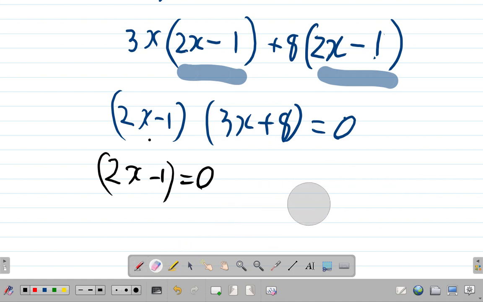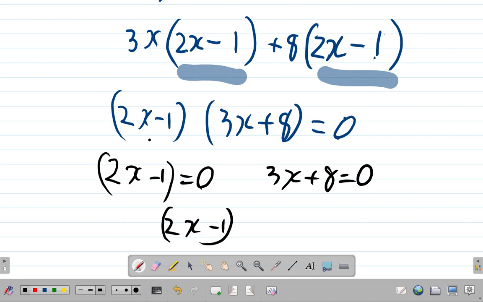Or if you say 3x plus 8 is 0, then 2x minus 1 multiplied by 0 is 0, which is true, because anything multiplied by 0 gives you 0.